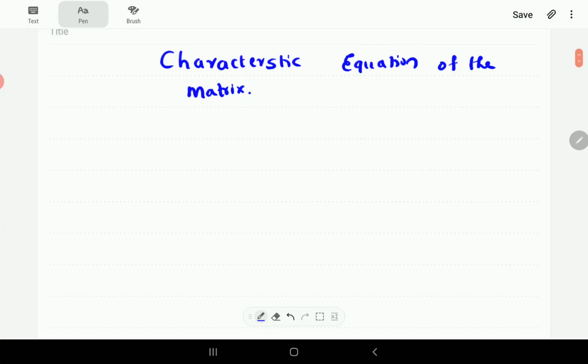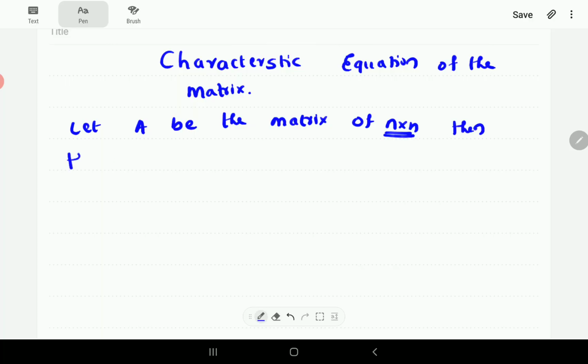Now, let capital A be a matrix of order n cross n. It should be a square matrix, and then the scalar equation.